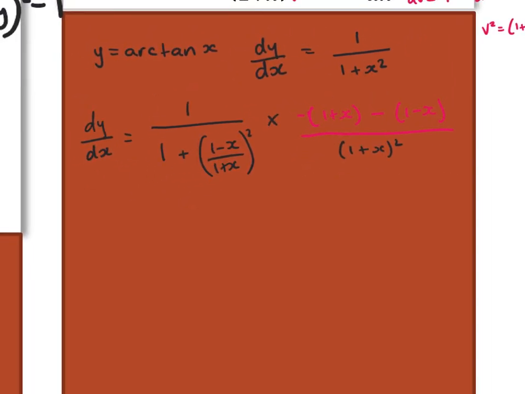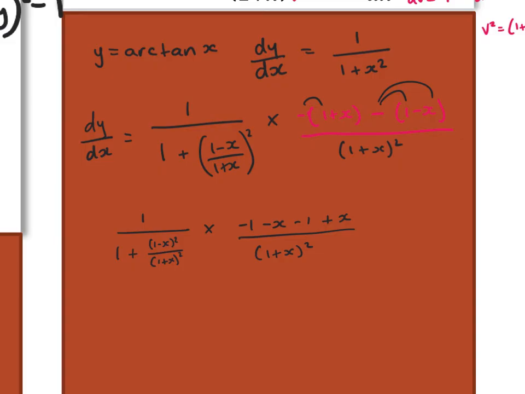Okay. So, right. I'm going to get 1 over 1 plus 1 minus x squared over 1 plus x squared. I'm just going to leave that for a second. I can't deal with that right now. Then, on the left-hand side, obviously I'm going to have minus 1, minus x, minus 1, plus x over 1 plus x squared.